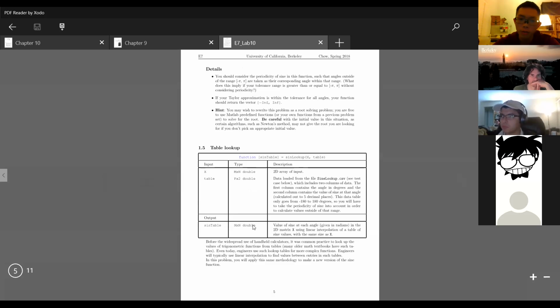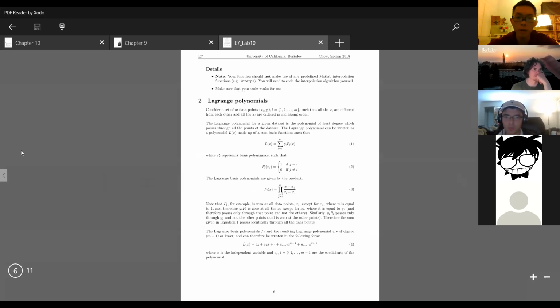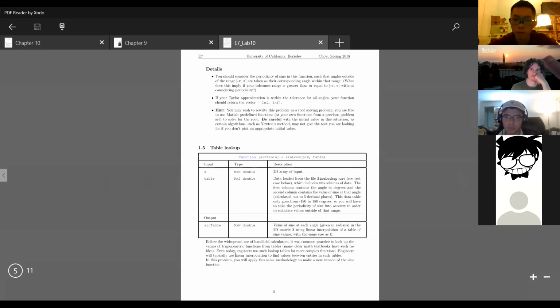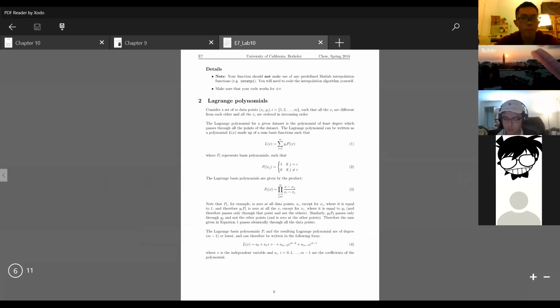And I forget what table lookup is trying to do, but oh yeah, this is like the whole sine table that you would see, that big old printout of these different sine values. And this, I believe, is not so much coding, but like the whole reading a table or something like that. So that's like a format sort of thing. We'll go through this one.